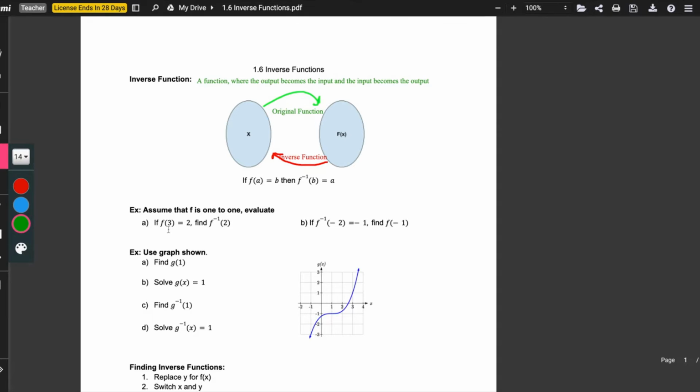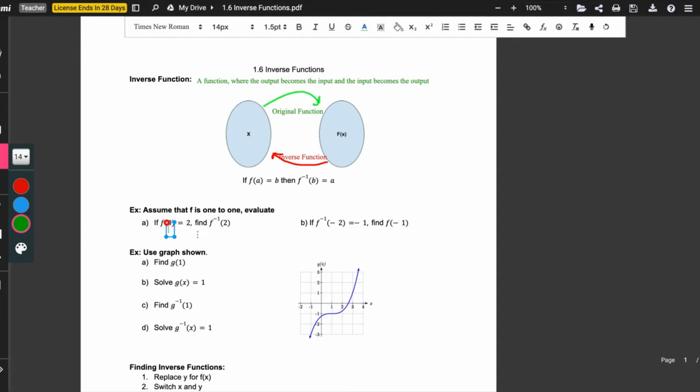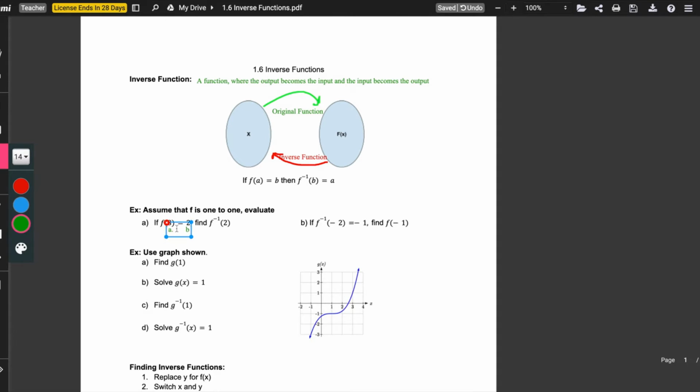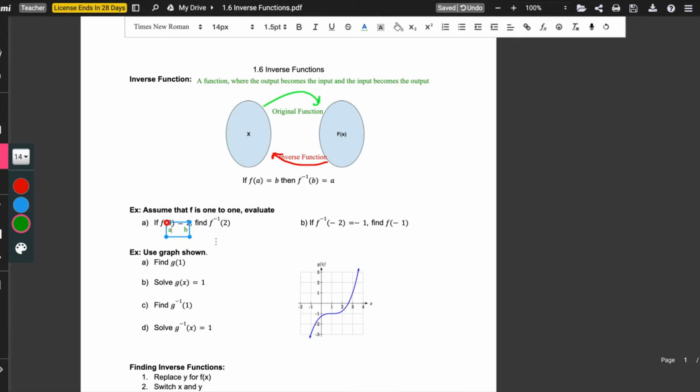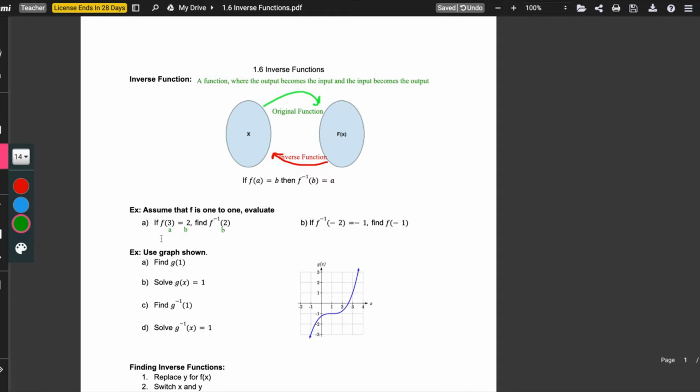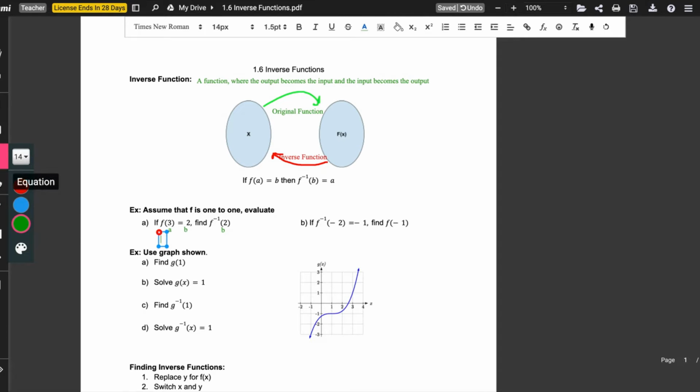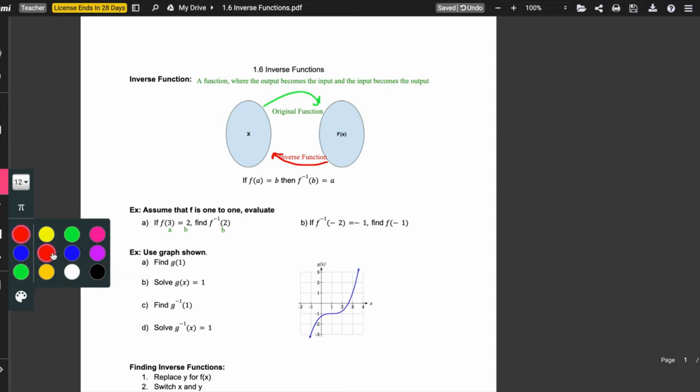Well, going back up here, this is giving us our a and our b. So then f inverse of 2, well, the 2 represents the b value. And I know in the inverse function, f inverse of b is equal to a, which means here, if b is 2, then f inverse of 2 has to equal 3.